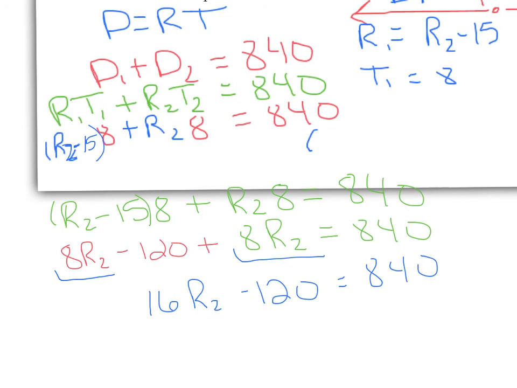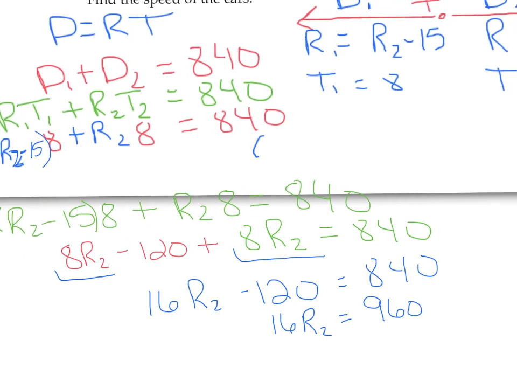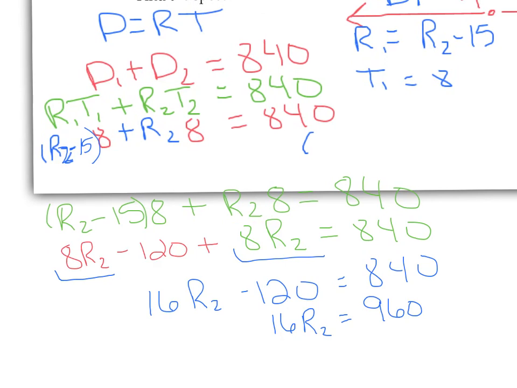All right, so we're going to add 120 to both sides. So you have 16 rate 2 equals 960. And then you're going to divide by 16, and you get rate 2 equals 60.